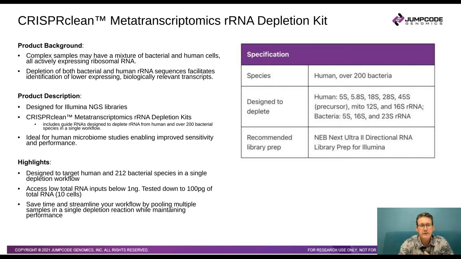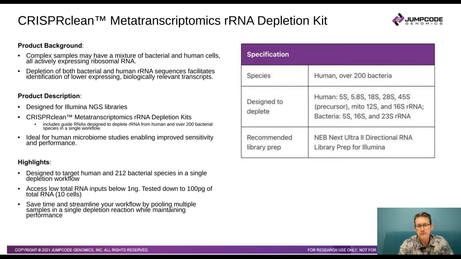And so the metatranscriptomic kit that I'll show some proof of concept data from, and also our CRISPR-Clean Plus kit that I'll show data at the end of the talk, is designed towards human ribosomal RNA species that are listed here in the table on the right, and to the sum or the superset of ribosomal species across 200 plus bacteria.